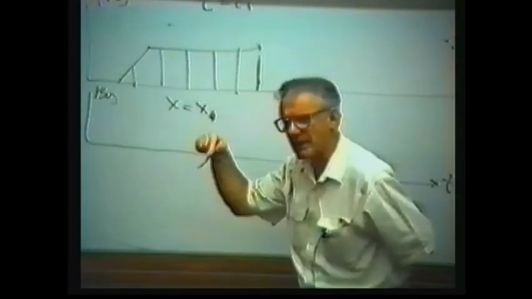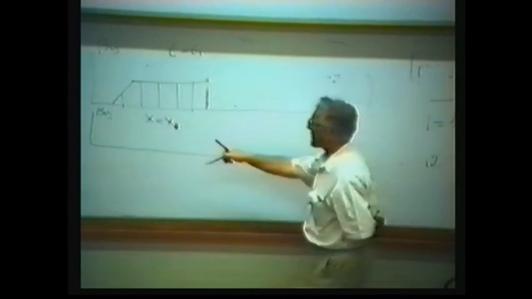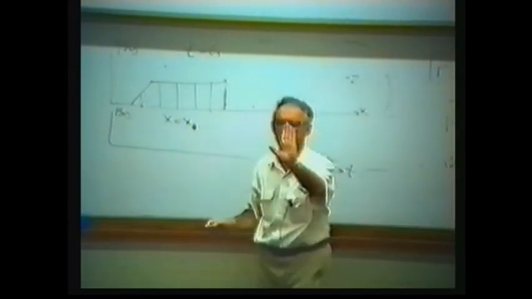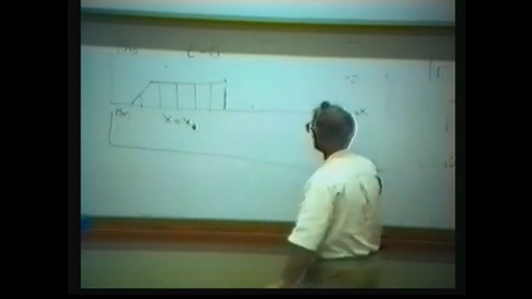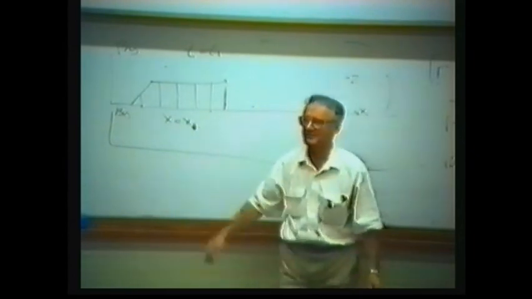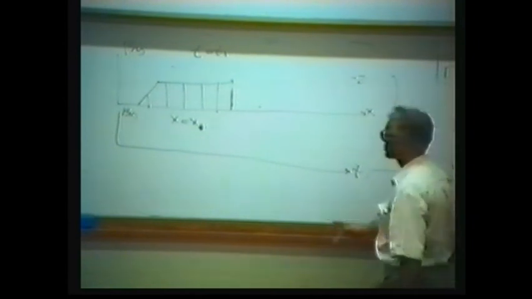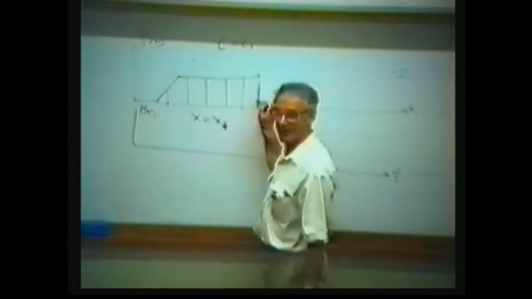Now, I would like to consider the opposite case. Suppose I fixed the moment and my receiver measures the field. What would the picture be? What comes first? What comes later? So first this front will arrive.